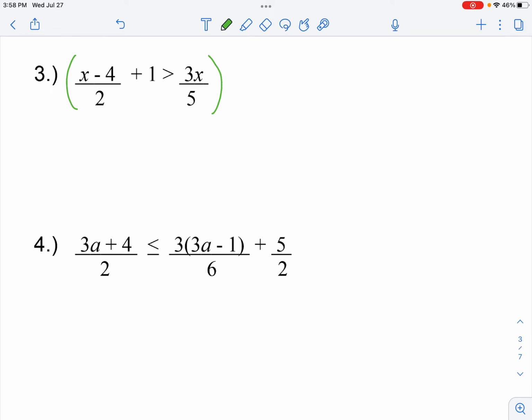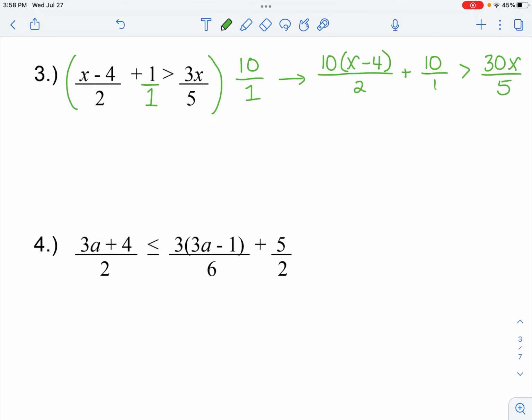Here, keep in mind that this is over 1. 1, 2, and 5 is going to give me an LCD of 10. So I'm going to multiply the whole thing by 10 over 1. That gives me 10 times x minus 4 divided by 2, plus 10 over 1, is greater than 3x times 10, which is 30x over 5.